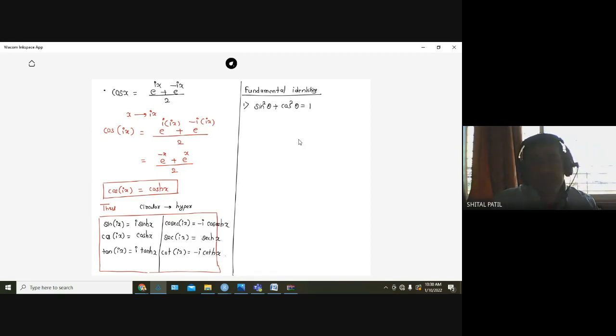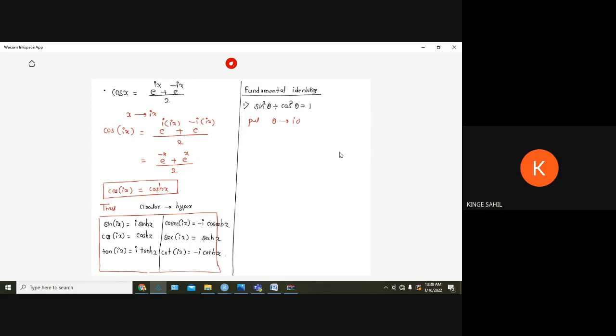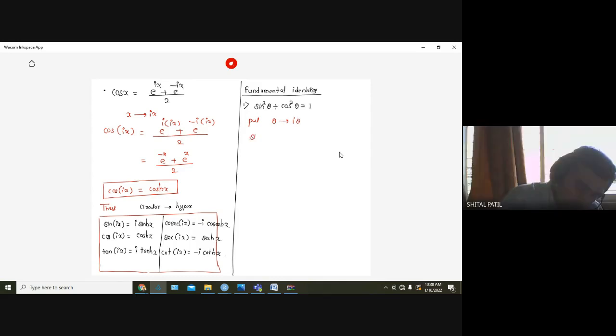But I want it in terms of hyperbolic. What should be done? How can I convert this into hyperbolic? For that, I have to substitute theta equal to i theta. So it will be sine i theta whole square, plus cos i theta whole square equal to 1.